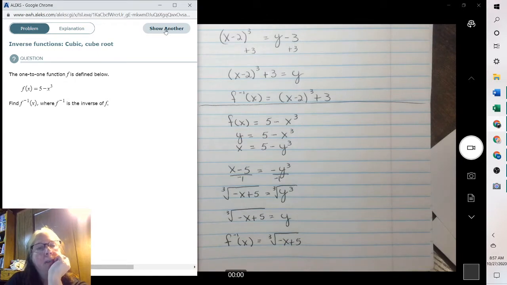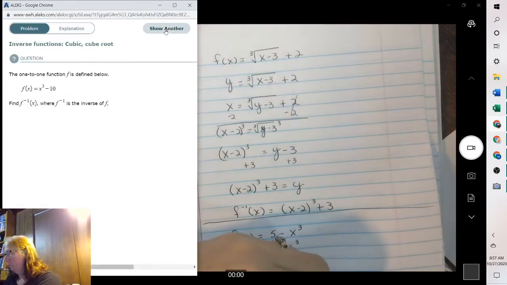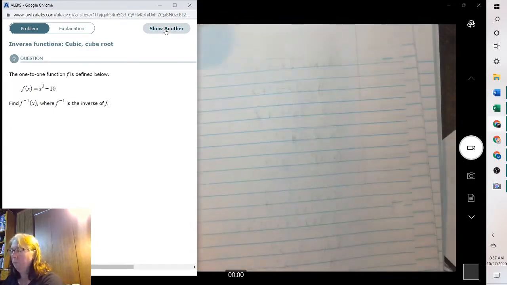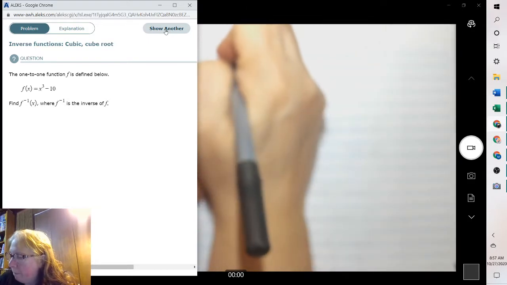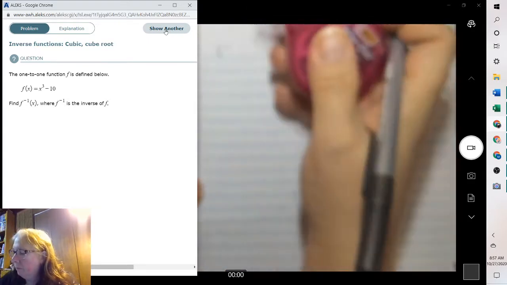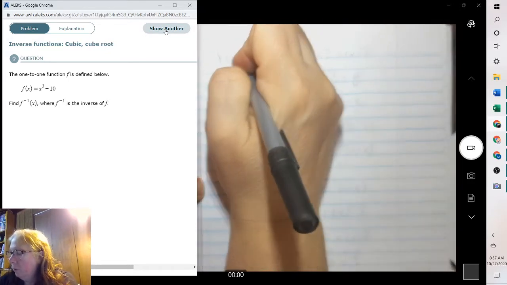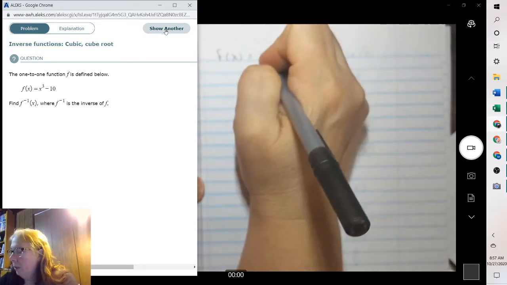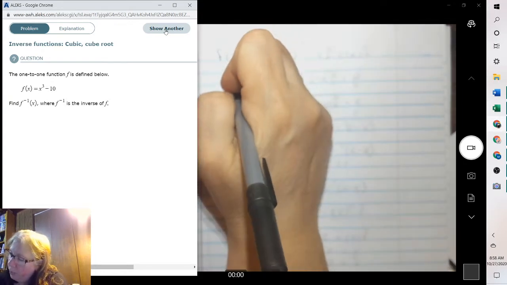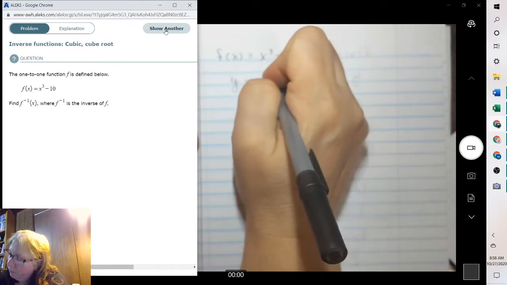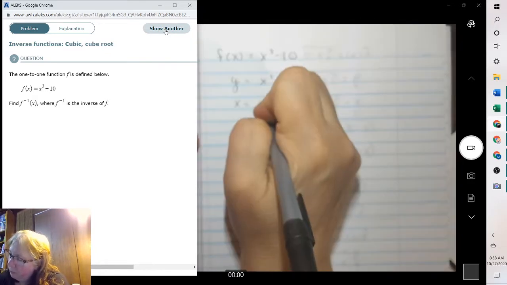Do one more. So if we have f of x equals x cubed minus 10. First thing, change your f of x to a y. Switch your x and y.